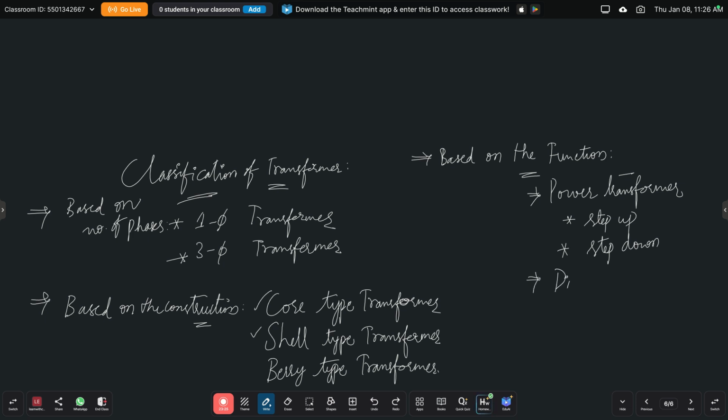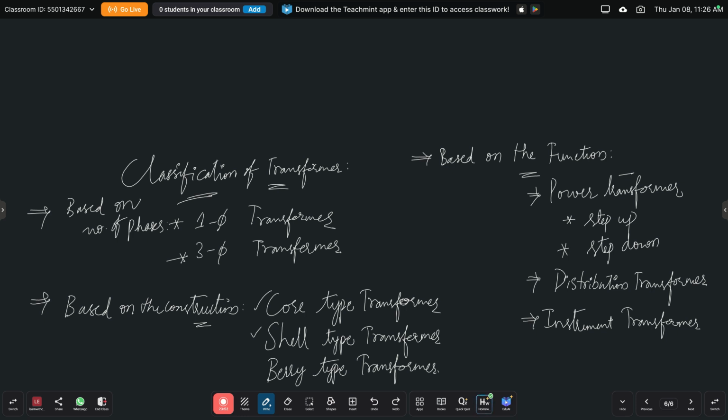And the next one is a distribution transformer. Then we are going to represent as an instrument transformer. Please note down, it is very useful, while the classification of transformer, the question will come.